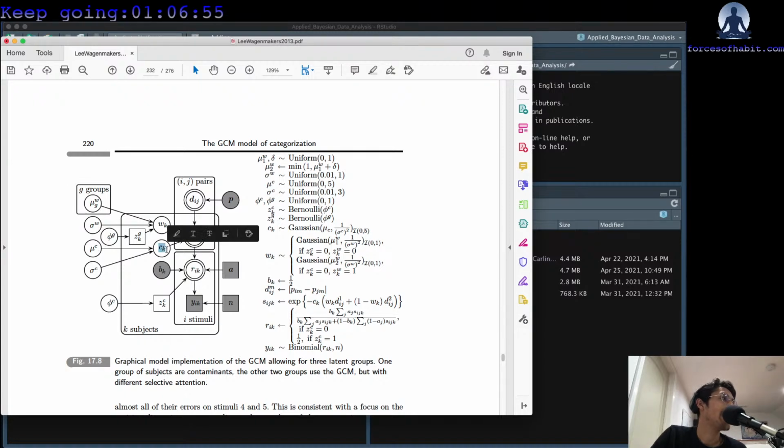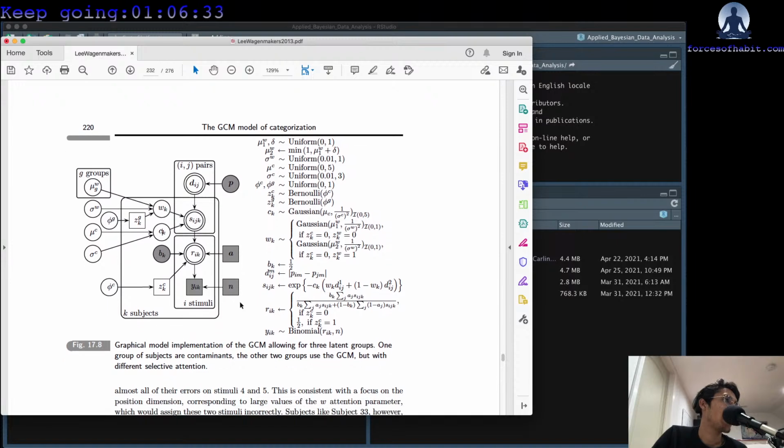And this is going to specify the probability of being part of a contaminant category. And then the generalization parameter has a mu and sigma attached with it as well. Though notice we're not specifying a difference in generalization as a function of groups. There's only one underlying distribution for that. Okay.